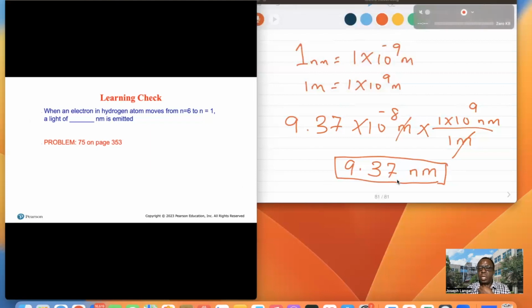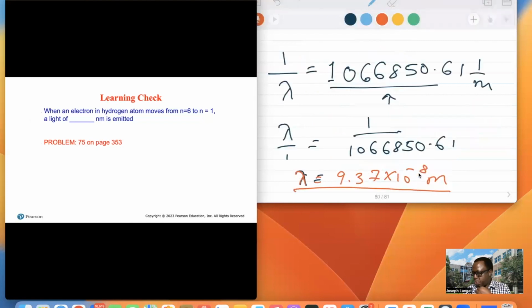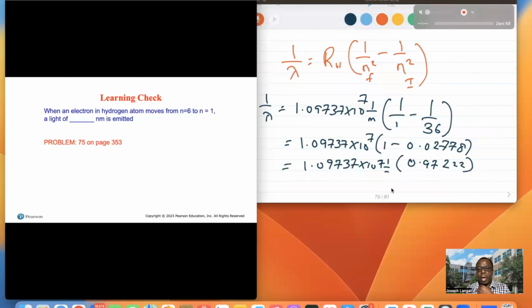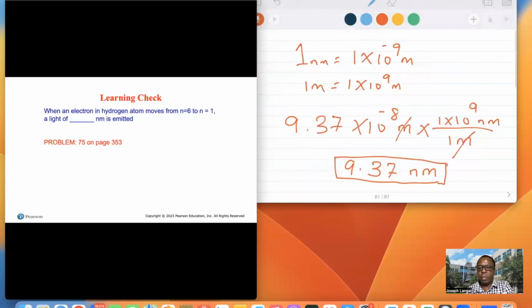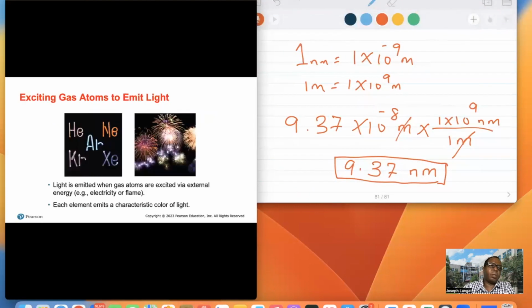So this is the wavelength in nanometers. We have used the equation to calculate the wavelength, and then from there, we change the wavelength from meters here to nanometers there, from meters to nanometers.